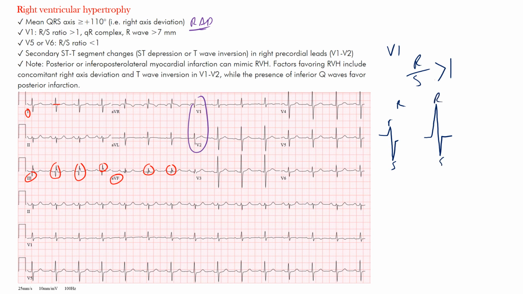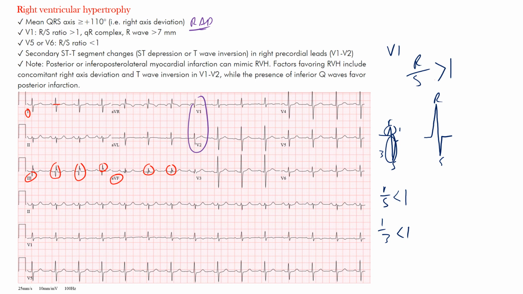And when we talk about the R to S ratio, if you look at this first one, you would see that the R is less than the S wave, okay? So we would say that's less than 1. All right, and you give that some values. Imagine that the R is 1, and imagine that the S wave is 3 millimeters deep. So 1 over 3 is certainly less than 1.